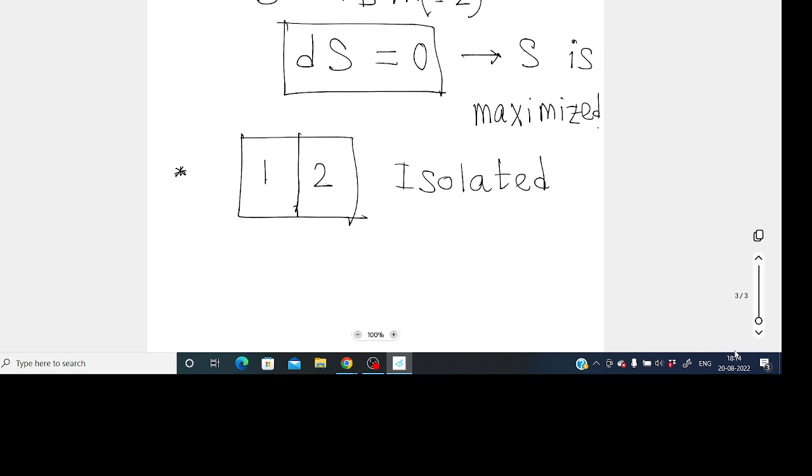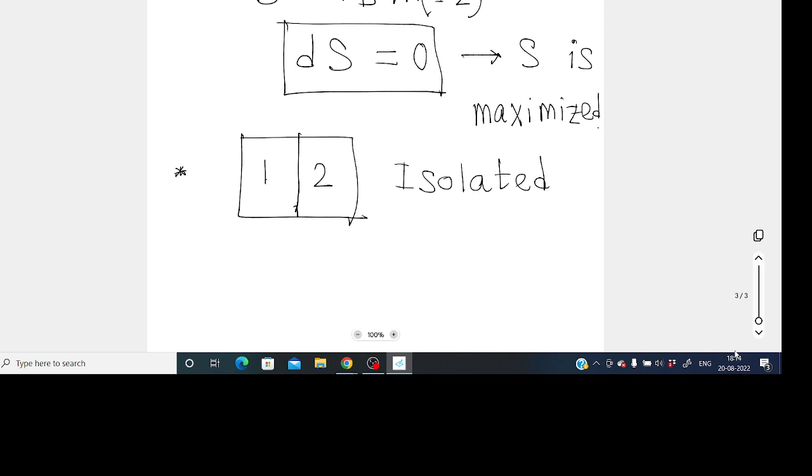There may be exchange of energy between subsystem 1 and subsystem 2. There may be also exchange of particles between subsystem 1 and subsystem 2. But this total system, overall this system is isolated from the rest of the universe or the environment.